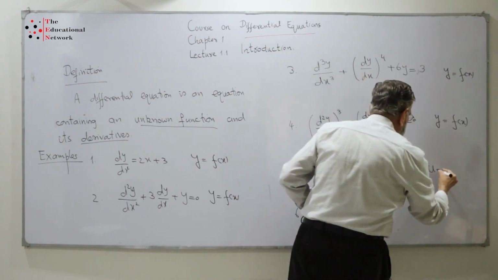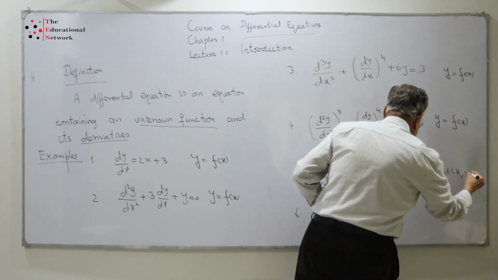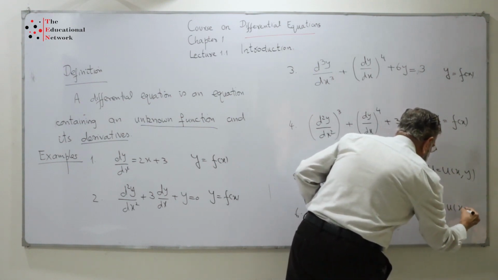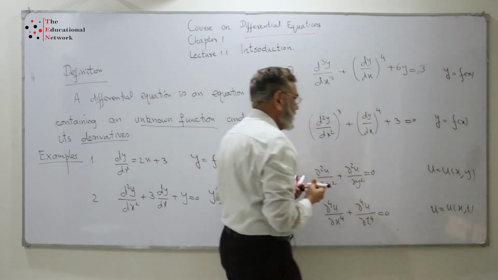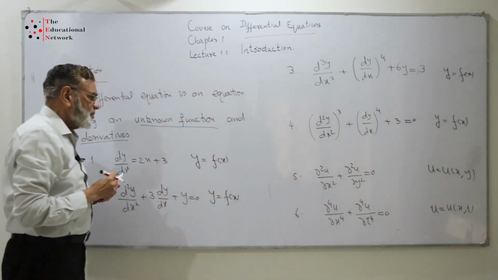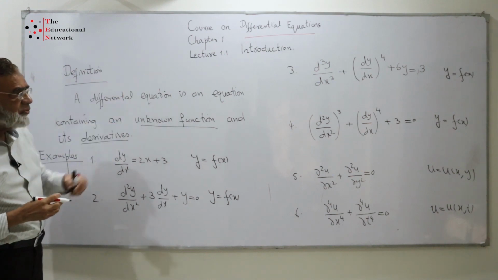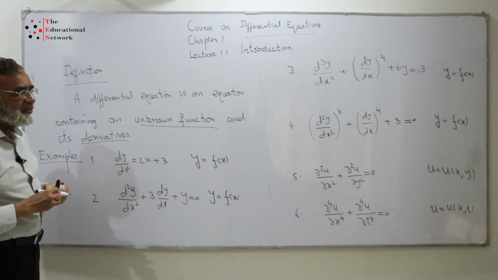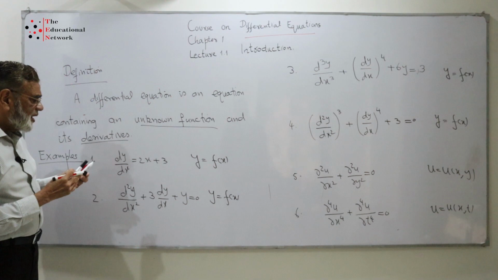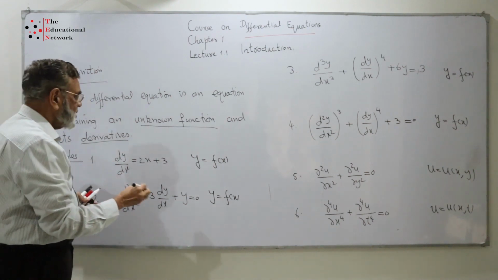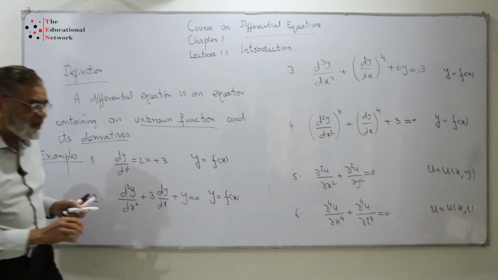Here u is a function of x and y, and here u is a function of x and t. Now in equations 1, 2, 3, and 4, the variable y is a function of x, and we have ordinary derivatives. So these are our ordinary differential equations.